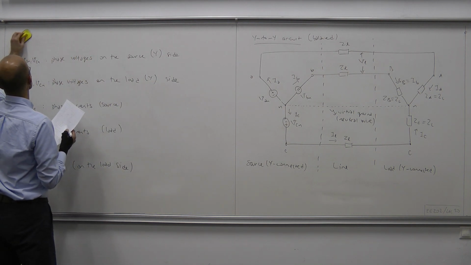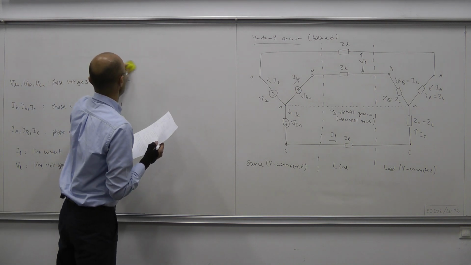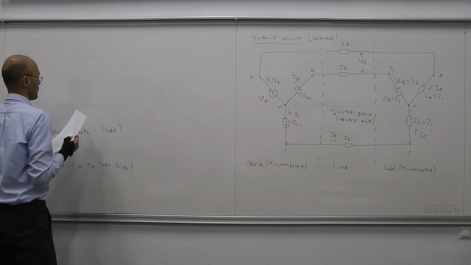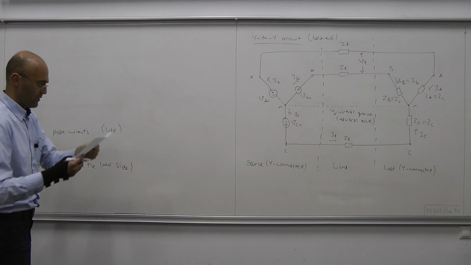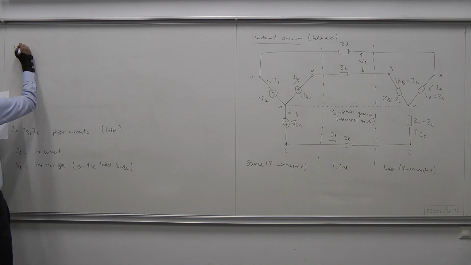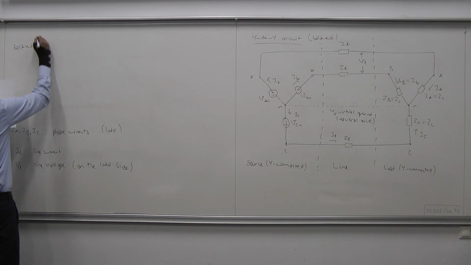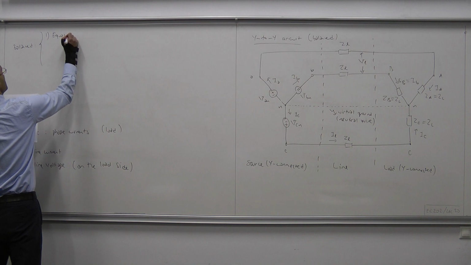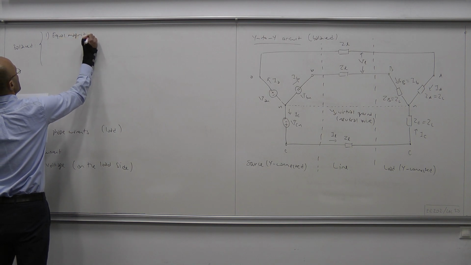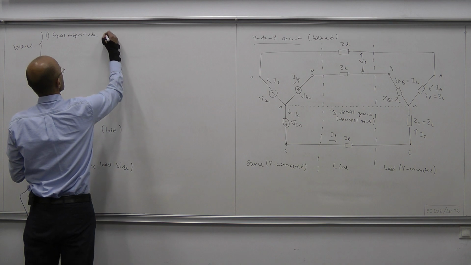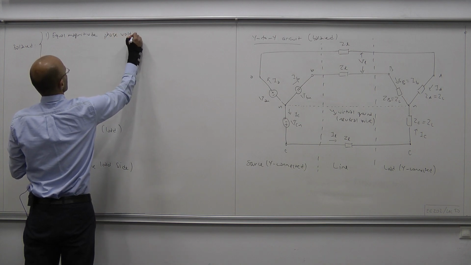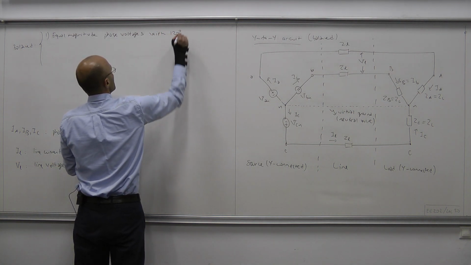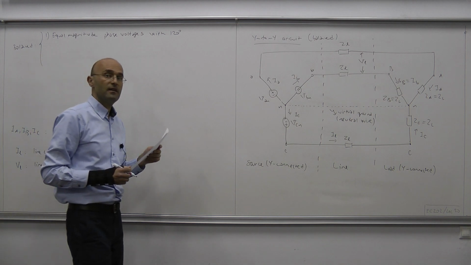Let me put that as a remark. What we mean by balancedness is the following. First, equal magnitude phase voltages with 120 degrees phase separation between any pair.